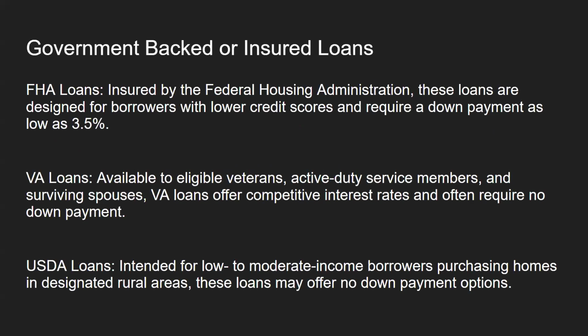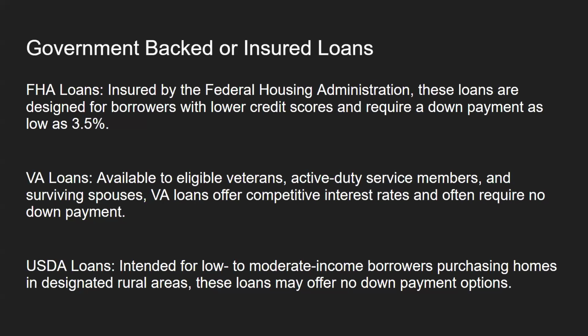So let's look at government-backed or insured loans. We have FHA loans, insured by the Federal Housing Administration. These loans are designed for borrowers with lower credit scores, and they typically require a down payment as low as 3.5%, right? And then we have VA loans.